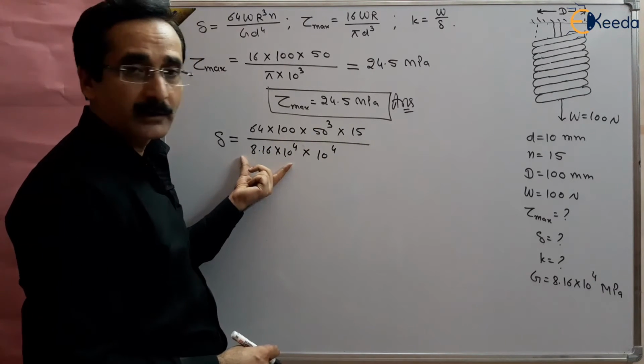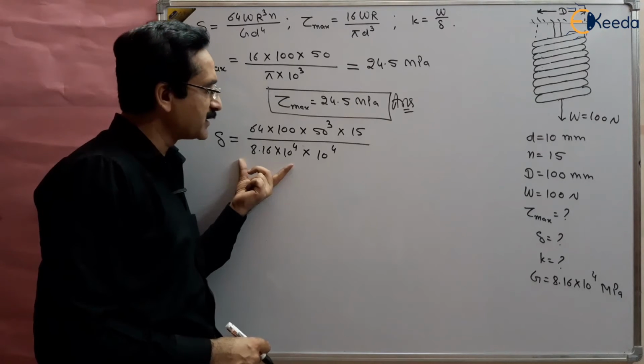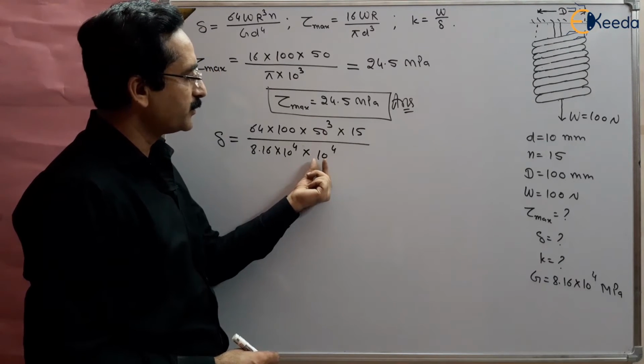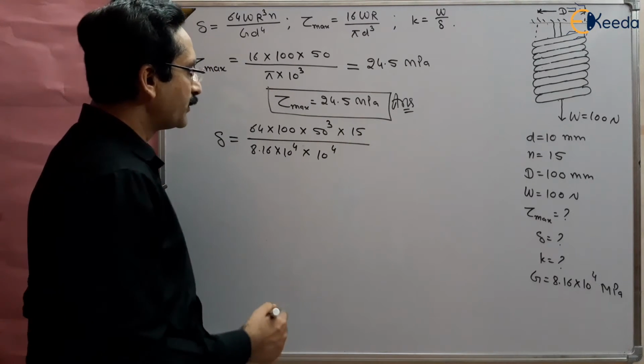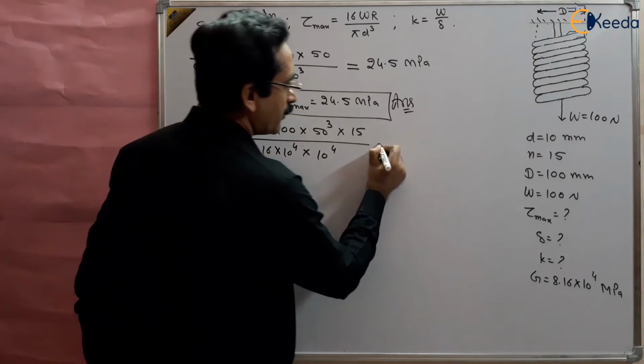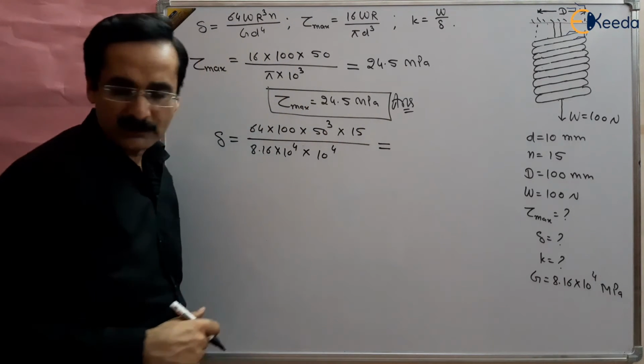This is taken in Newton per millimeter square, and this is also in millimeter. So from here you can find out the deflection in the spring.